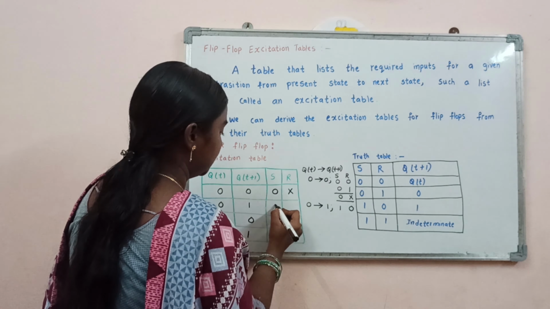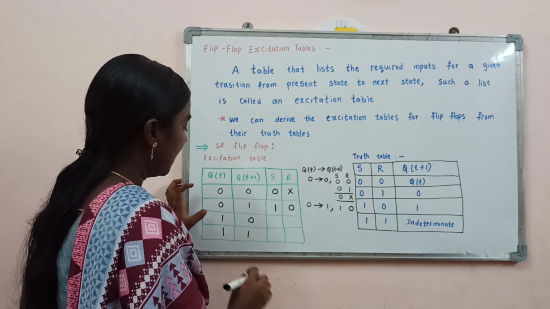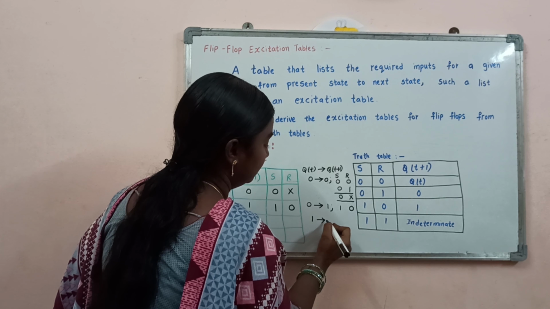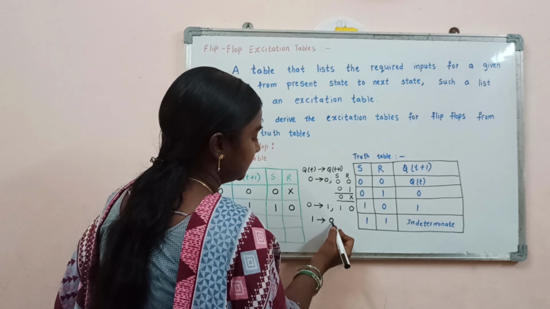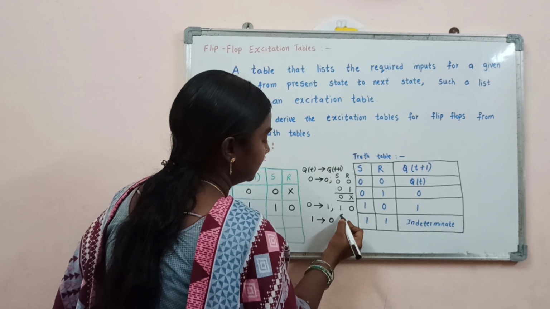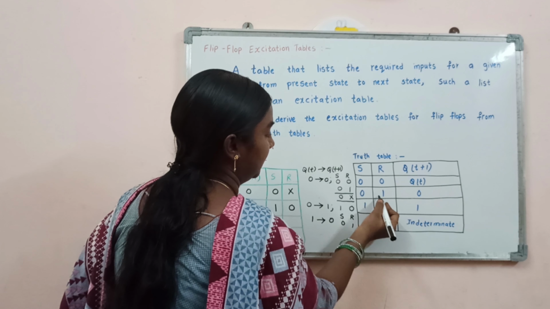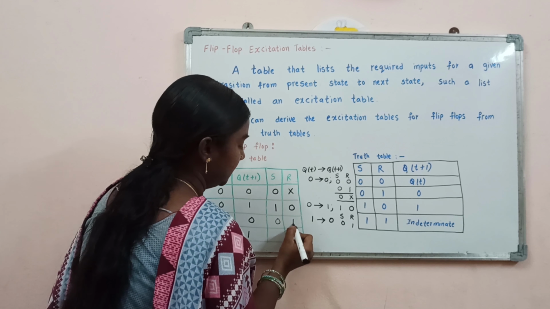So here the set input pin is 1, reset input pin is 0. Now coming to the third transition, 1 to 0 transition, the next state is 0, which means the set input pin is 0 and the reset input pin is 1 here.